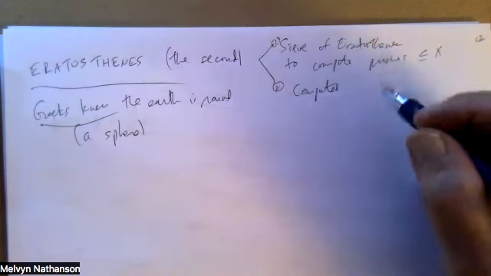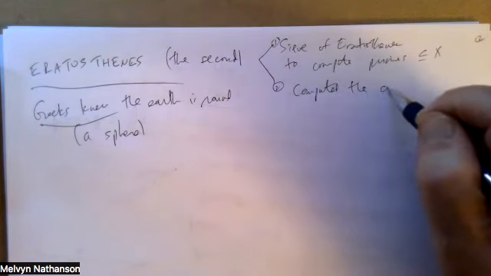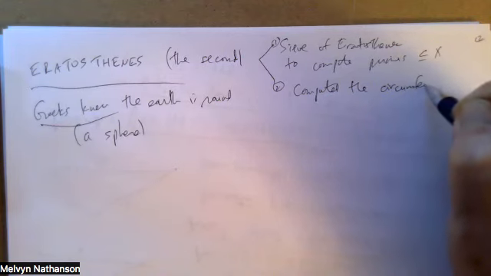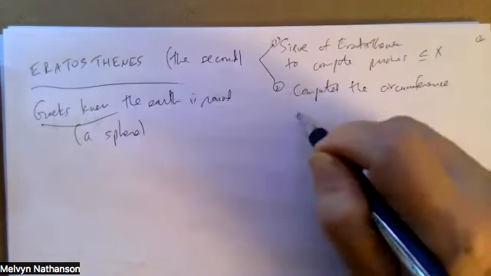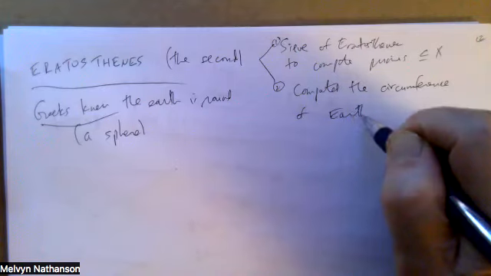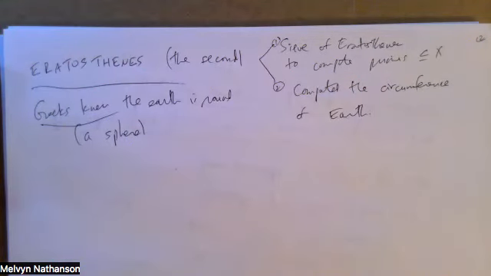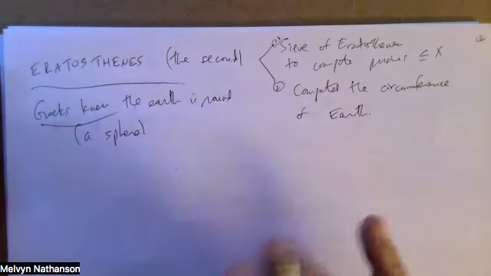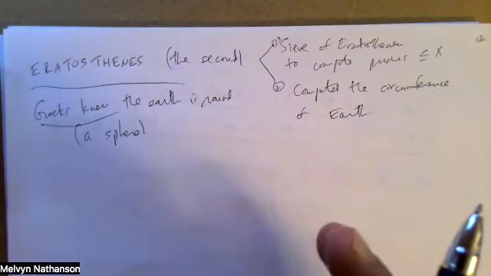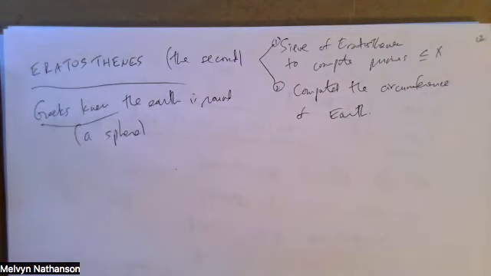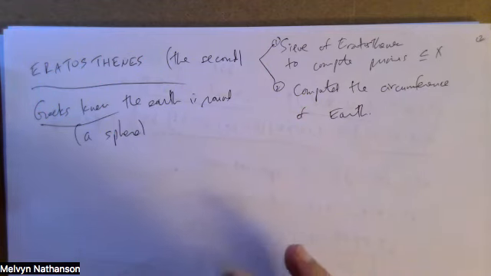So Eratosthenes computed the circumference of the planet Earth. I mean, this guy sitting in the middle of Alexandria, Egypt, was able to figure out, I mean, everyone knew in Greek times the earth was round.